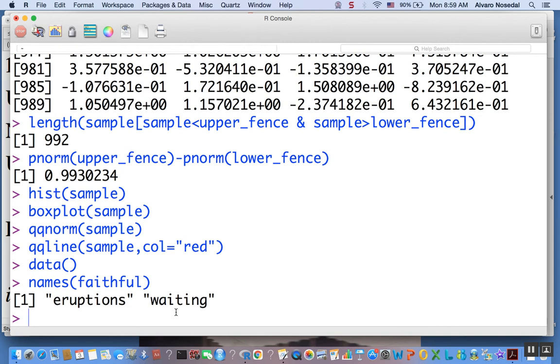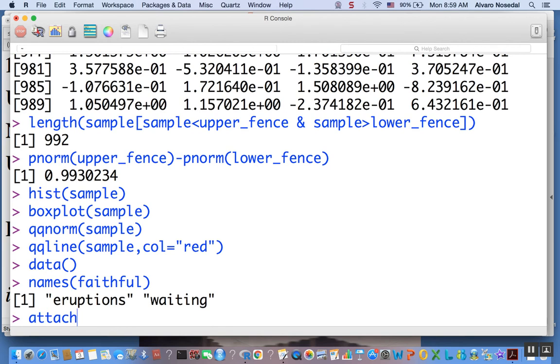So what we're going to be doing here is, well, comparing what's the behavior of say eruptions, right, against the typical behavior of normal, right? A sample coming from a normal. Okay, so here we go.